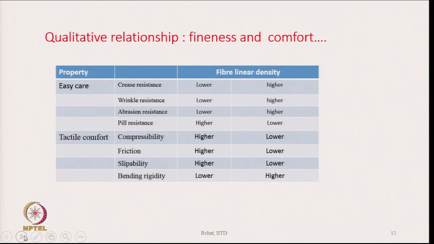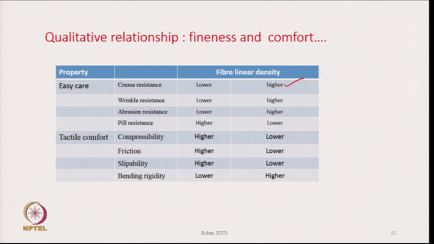Now, the point is what is the role of linear density here? If the linear density is higher, that is if we go for coarser fibers, then crease resistance is going to be higher. This is a continuation of the previous table.